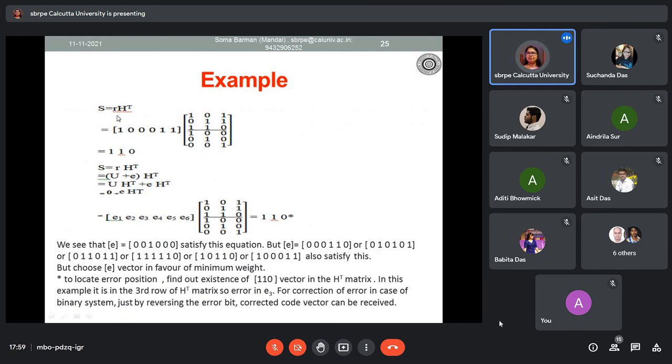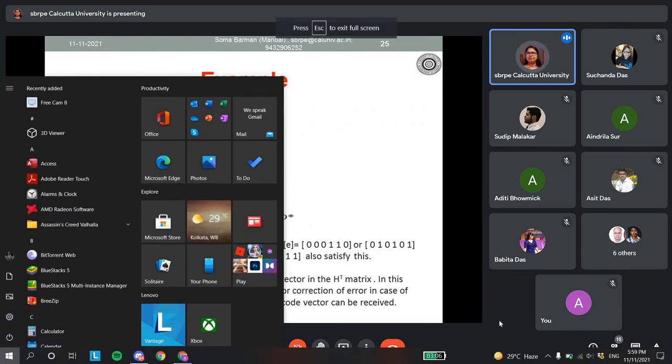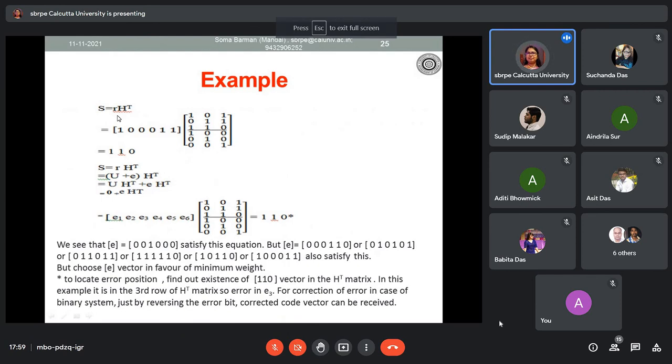Now you don't know whether this received R is an erroneous received word or a correct code word. So by syndrome testing you have to check. The syndrome is non-zero, so an erroneous code word has been received.